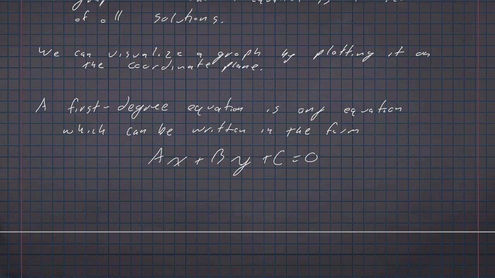A first-degree equation is any equation which can be written in the form ax + by + c = 0. If the equation can be written in this form, then for a different value of c, you could also write it as ax + by = c. You can also rearrange, solving for x, solving for y. There are several other forms of a first-degree equation, many of which you are already familiar with.